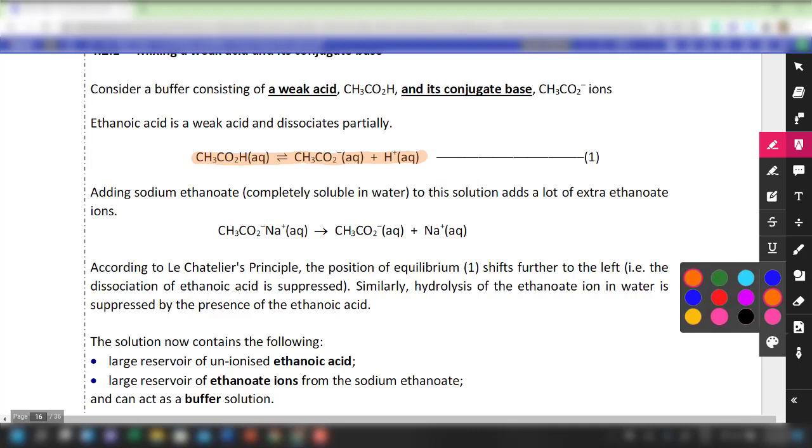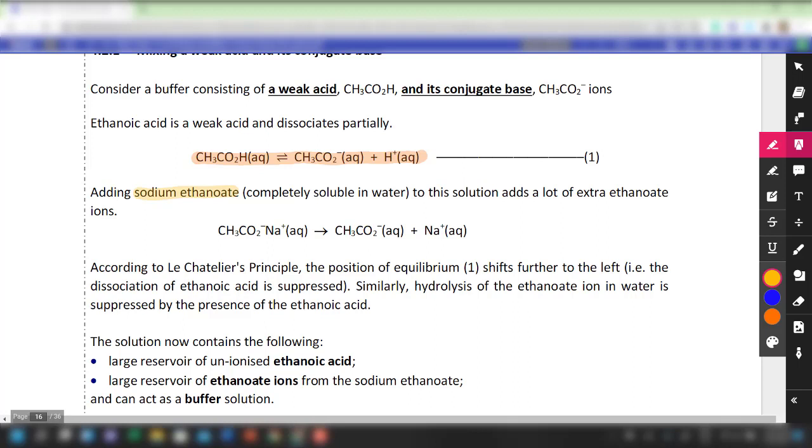And then if you artificially add sodium ethanoate into the above solution, two things will happen at the end of the day. First thing is sodium ethanoate is expected to be very soluble in water, because sodium salts are very soluble in water.